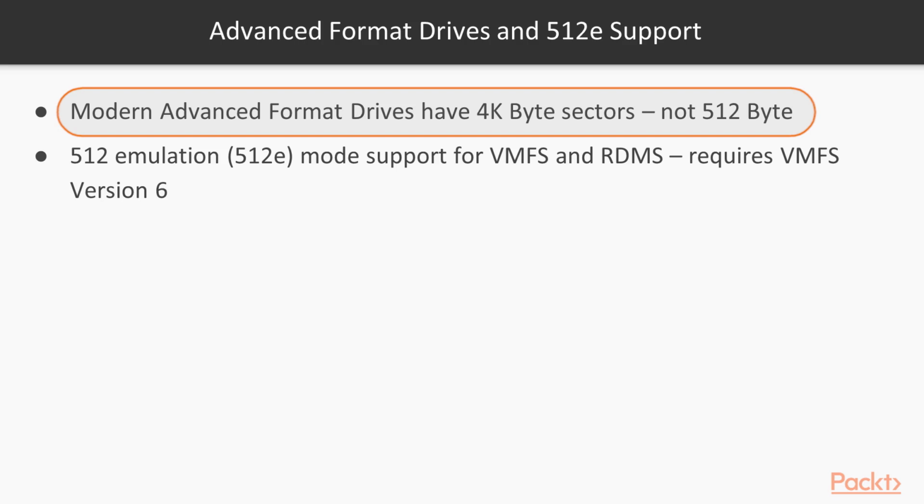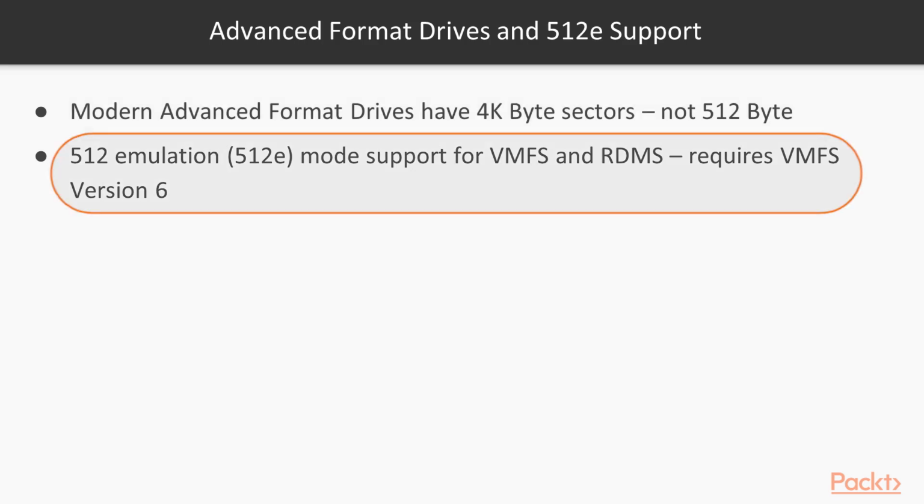So if one moves to the advanced format drives, we need to provide back level support for legacy operating systems that support only 512 byte sectors. And that support is now provided in vSphere 6.5. It's called 512e, 512 emulation mode support for VMFS and RDM data stores.